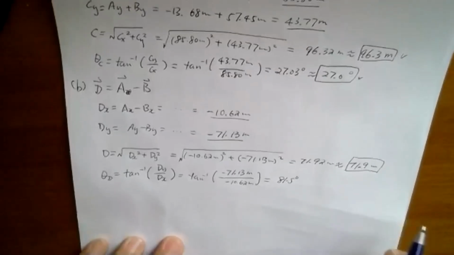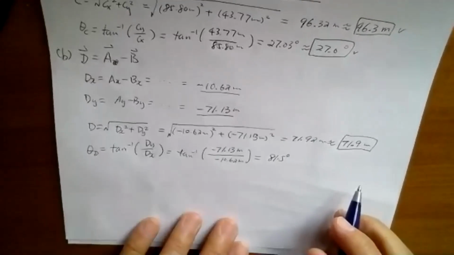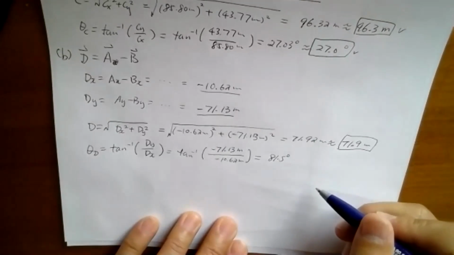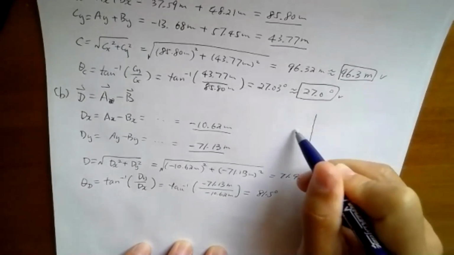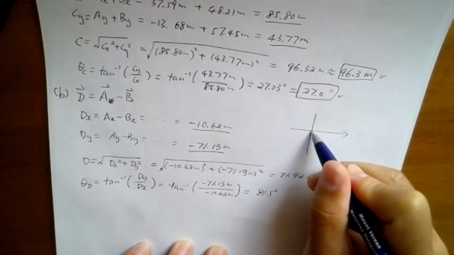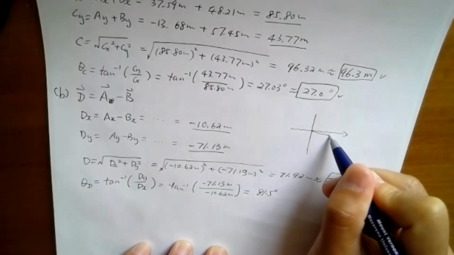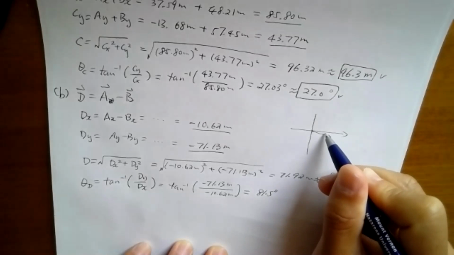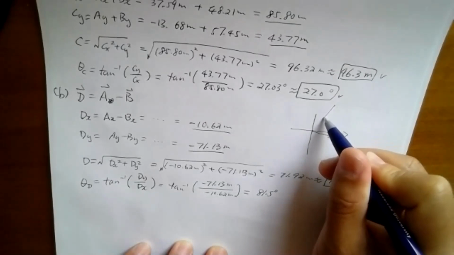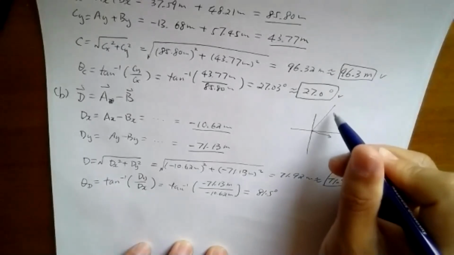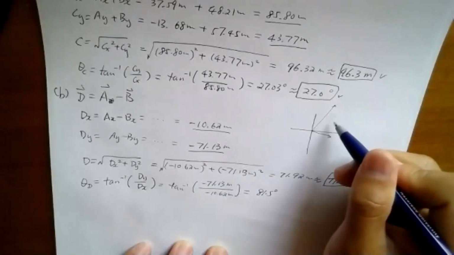But let's take a look. If we draw a sketch here, let me put it here. I'm going to again do my A vector here, about 20 degrees below, and then my B vector somewhere here. Yeah, 75 and then 50 degrees, okay?